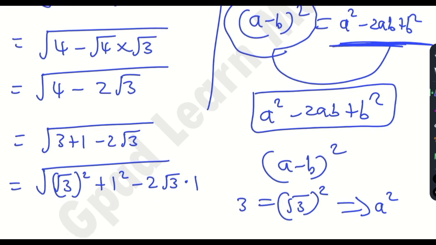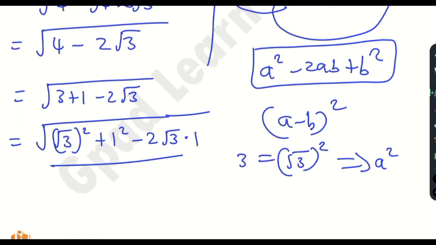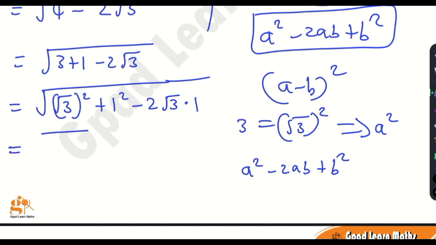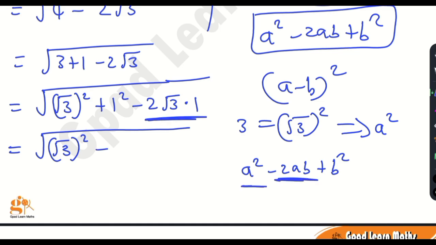If you compare this to a squared minus 2ab plus b squared, root 3 raised by 2 is the same thing as a squared, then minus 2ab, which is this one, the same thing as minus 2 root 3 times 1. This is a, this is b, and this is 2, as we have here, minus 2 here. You see that? Very good. Then plus 1 squared, which is plus b squared.